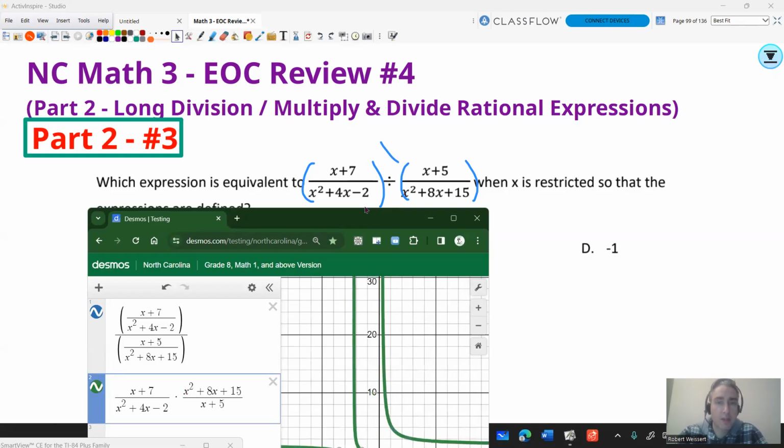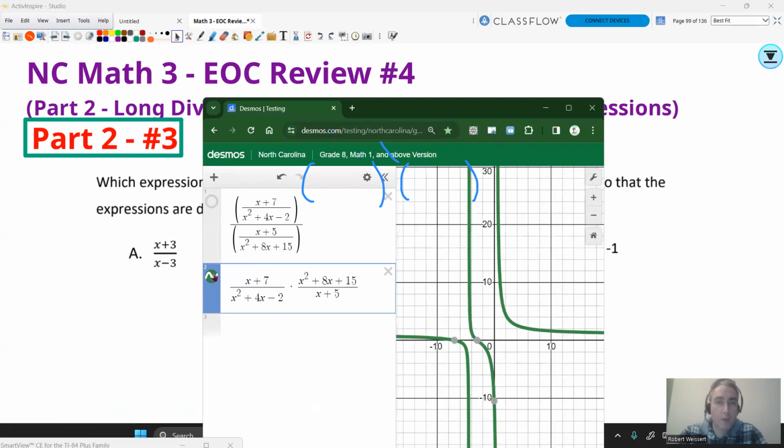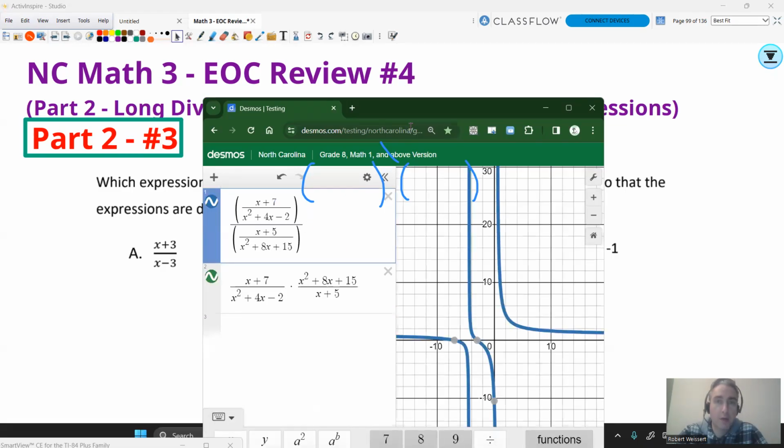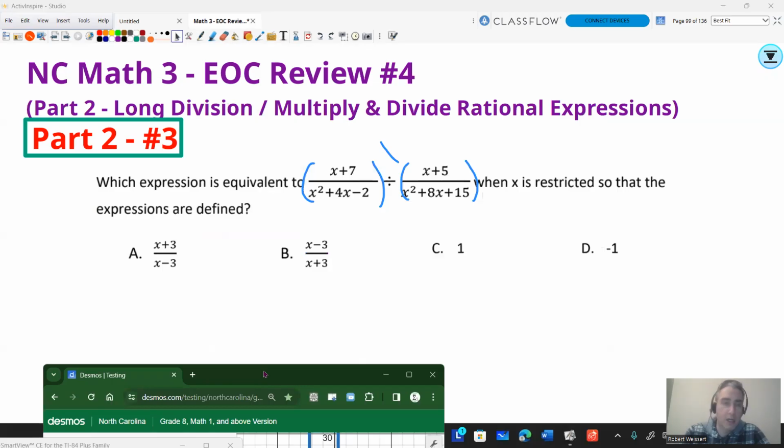As you can see, that gives me the same graph lined up no matter how you do it, so it's personal preference. When you're doing it by hand, of course, you need to do keep, change, flip anyway, so it's not going to hurt you, but either way is fine as long as you're careful with how you key that in. If you try that and key in your answers, a word to the wise: if you have a number by itself, you have to do y equals that number if you want to see the graph.